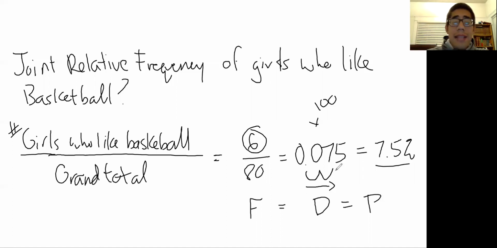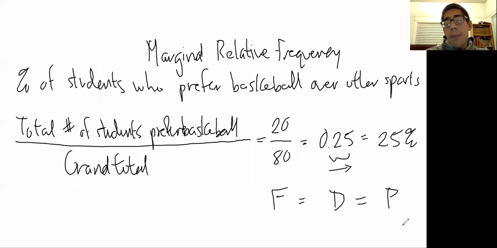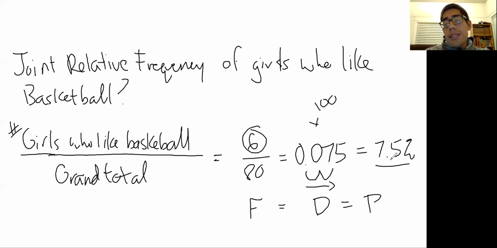But in this case, the answer to what is the joint relative frequency of girls who like basketball? It's 7.5%. Right? By the way, side note, it's okay for you to have a decimal in your percent. We try not to, but you might see that throughout this assignment, so it's okay for you to have that. We'll talk about that when we talk about place values later on.